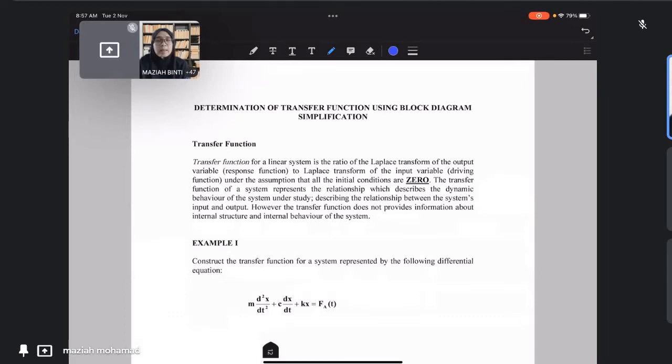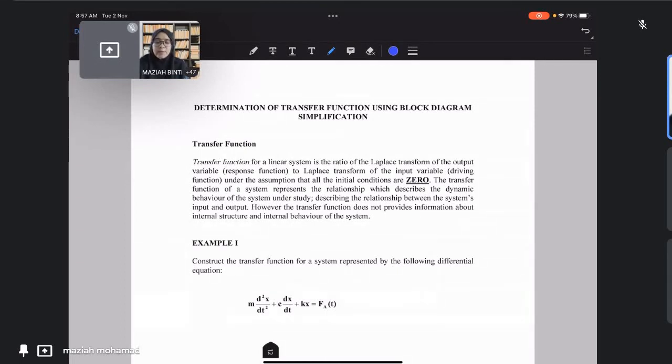The transfer function is defined using the Laplace transform. I believe you already learned about Laplace transformation in ODE.